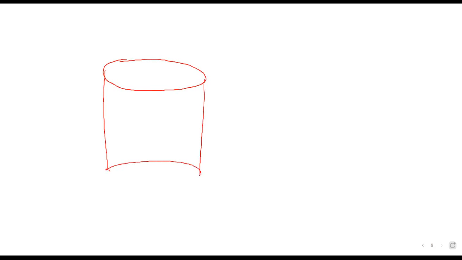Okay, I'm just going to visualize this. A cylindrical cup with an interior radius of 5 centimeters. This is what it looks like if I can draw it rightly. This is a cup. A cylindrical cup with an interior radius.